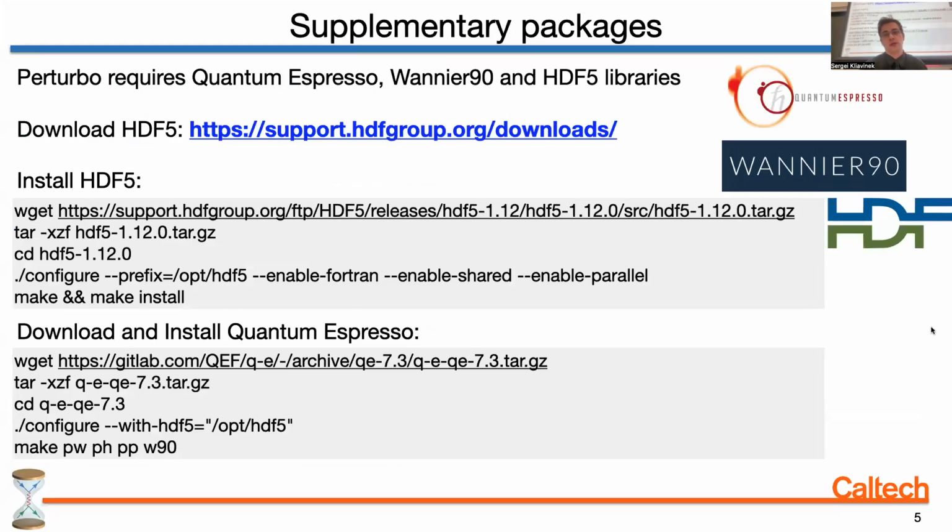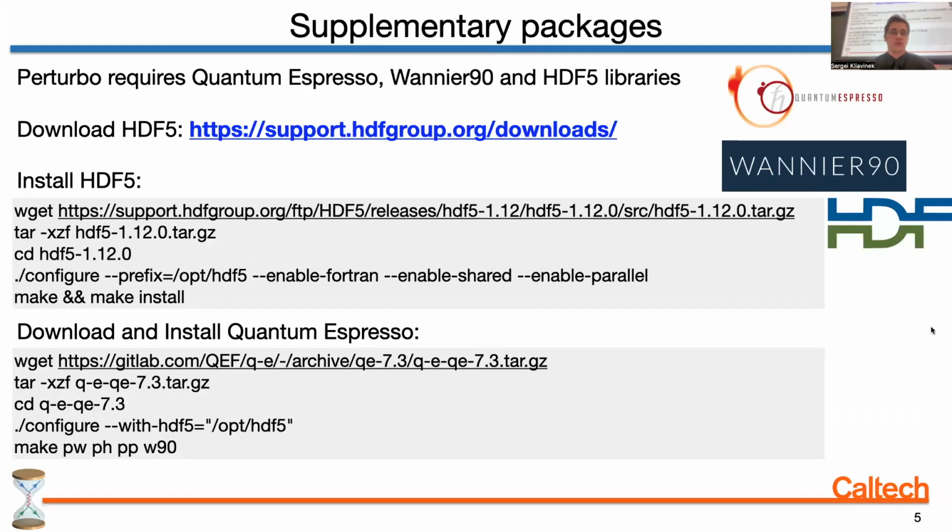Now we can move to the installation of Perturbo from scratch. For correct work of Perturbo, you need to install several additional packages. It's the package called HDF5, which is basically a specialized package for storing data, developed especially for scientific data.